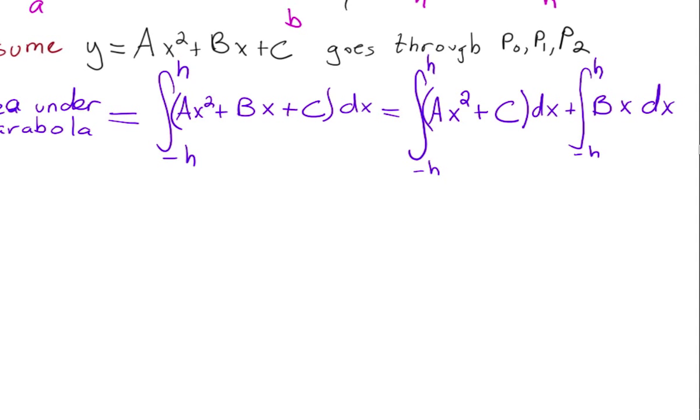Let's take a look at just the bx. What do you notice? Since the interval that you're going around is symmetric, and bx is a, yes, why is it 0? What kind of a function is it?